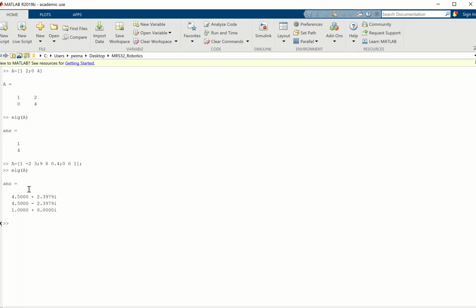See, it's very easy. If you have a 3 by 3 matrix, 1, minus 2, 3, 9, 8.5, 4, 0, 0, 1. Okay, if I say eig of A, it has 2 complex conjugate eigenvalues and 1 real one.